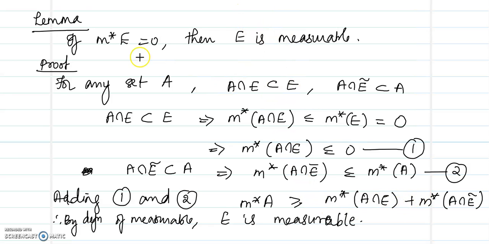Now using this fact, if E is any set such that the outer measure is 0, then E is measurable. We know that the sets of natural numbers, rationals and integers all have outer measure 0; we already proved that. So these are all sets whose outer measure is equal to 0.